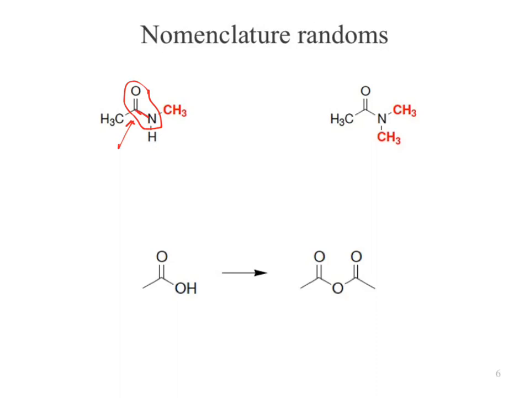I referred to the bond there as an amide bond because that is an amide bond. Also a peptide bond. How would I name that piece? Because that's not part of the main chain. It is a methyl, but I can't really call it methyl acetamide because that methyl group is attached to a weird location.